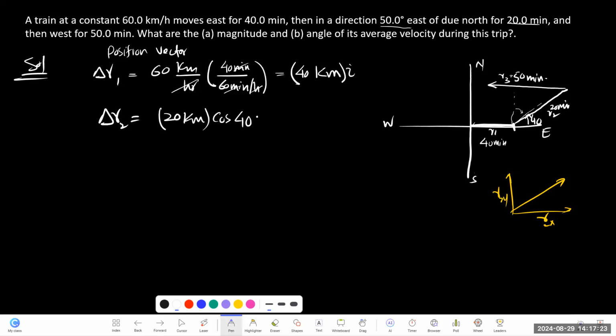So I'm going to say 20 cos 40 i plus 20 kilometers sin 40 j. Now I can solve a little bit so I can get the numbers. So I'm going to solve this, maybe 15.3 kilometers i plus 12.9 kilometers j, and that is my result.